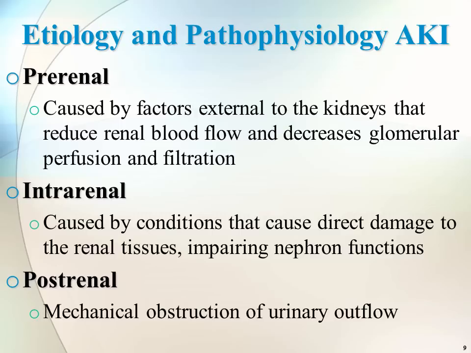We know from when we studied heart failure that if the kidney's not being perfused properly, there are things that it can do to increase perfusion, like kicking in the renin-angiotensin system and increasing the sympathetic nervous system. But that's why we need to get this pre-renal cause fixed so that it doesn't cause acute tubular necrosis and an intrarenal problem.